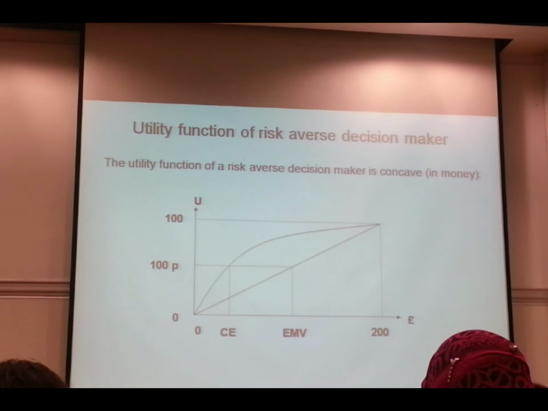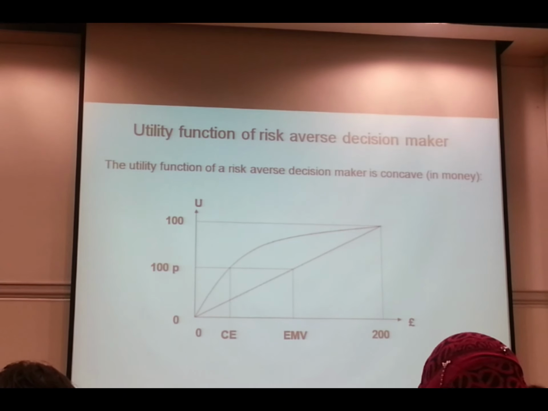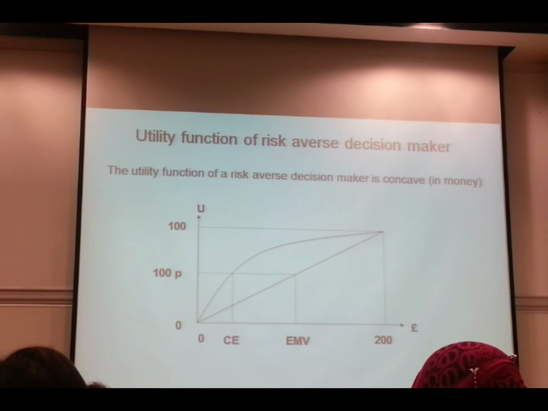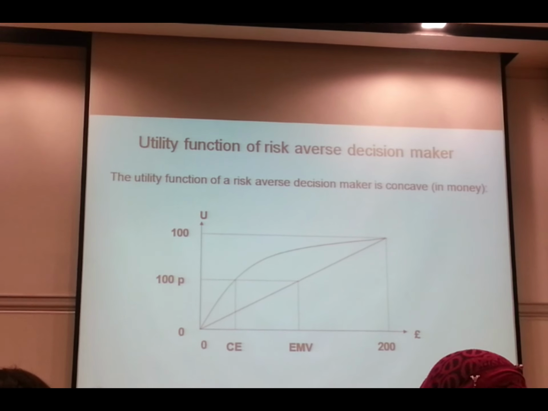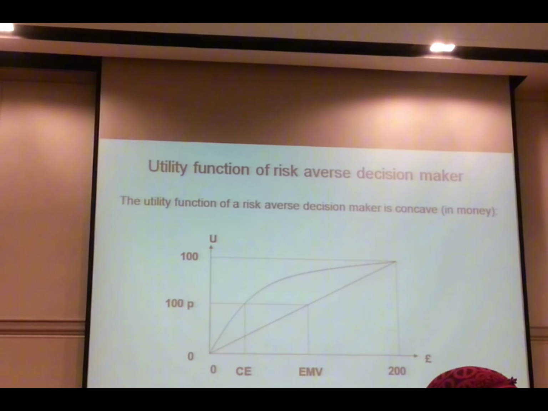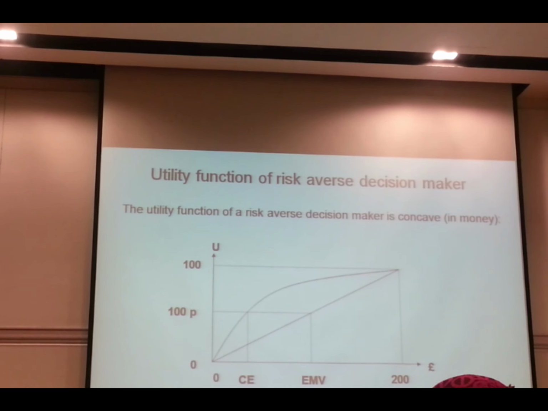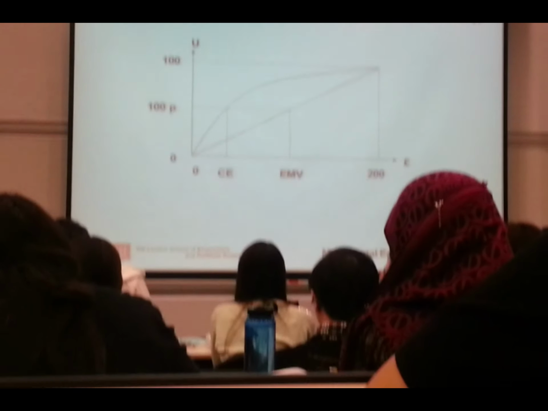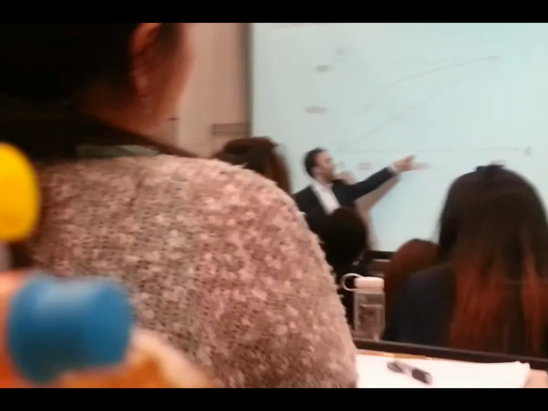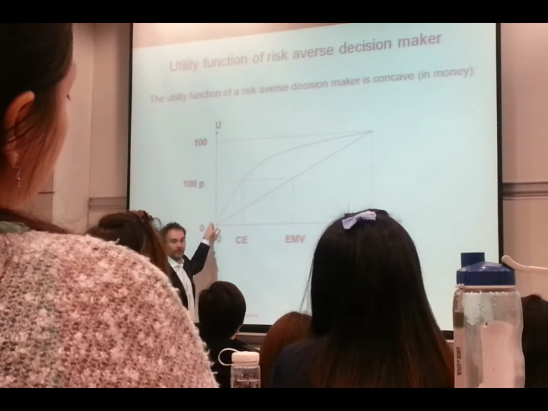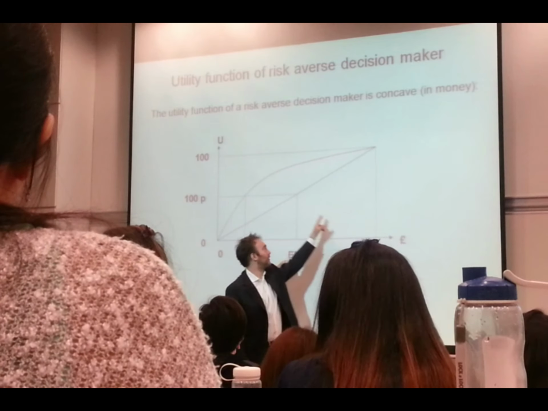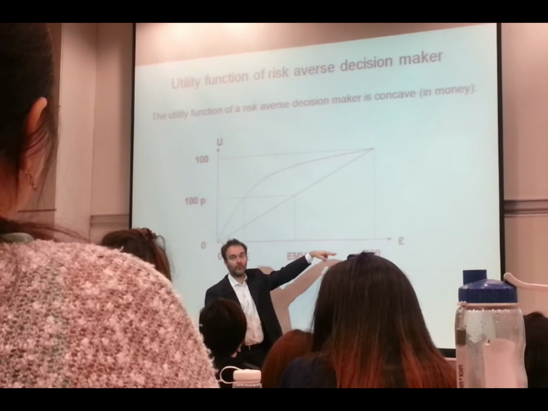In other words, if I gave you a lottery ticket with an expected monetary value down here, which means that you get 0 with a certain probability and you get 200 with a certain probability, the expected utility is going to be a combination of 0 utility plus utility of 100, utility of 200 pounds.